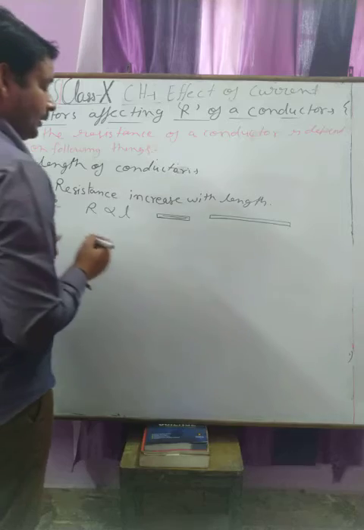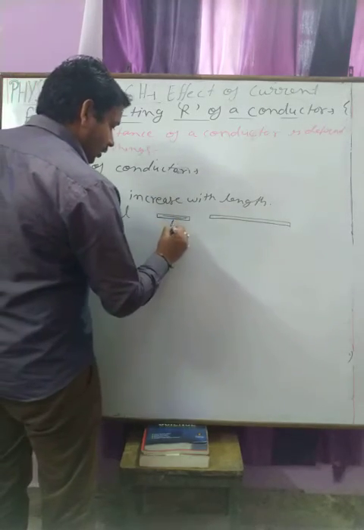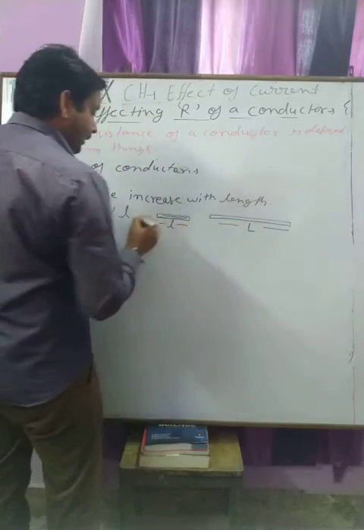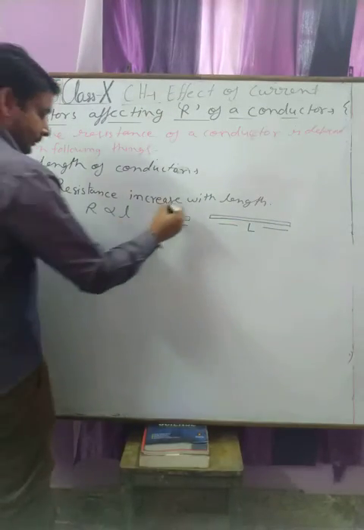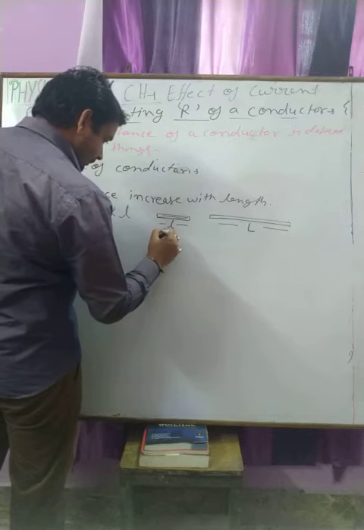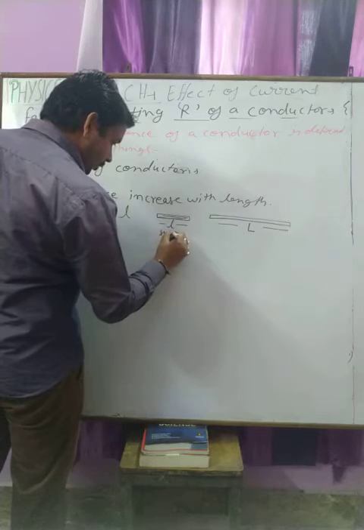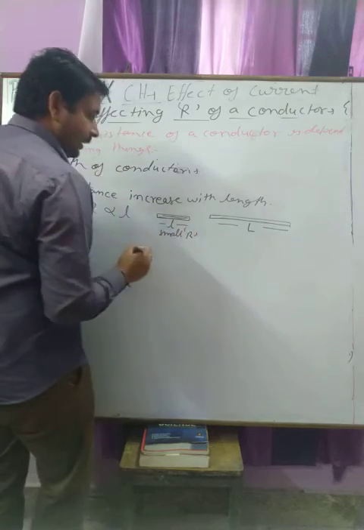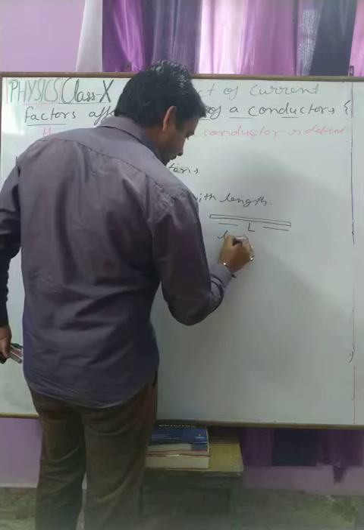This length is small l and this length is capital L. Therefore this is a small resistance, and this is a large resistance.